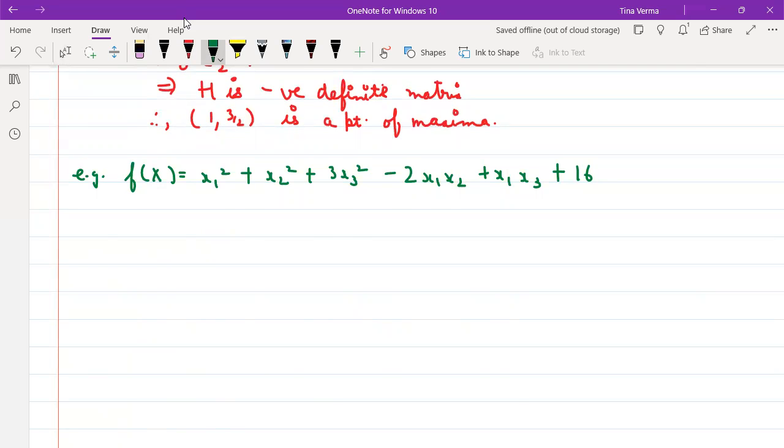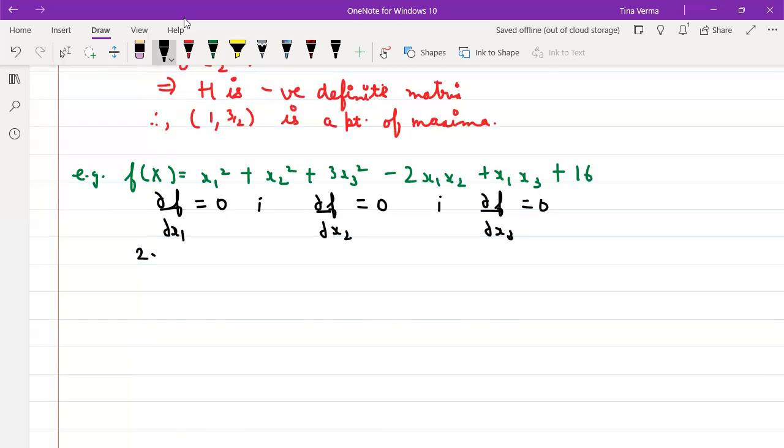Whenever you have a given function, you have to find the stationary point. The first step is we have to set ∂f/∂x1 equal to 0. We have three variables here, ∂f/∂x2 equal to 0 and ∂f/∂x3 we will equate to 0. So when you do this, this is your 2x1 - 2x2 + x3, you equate to 0.